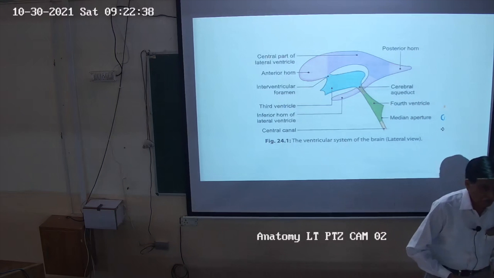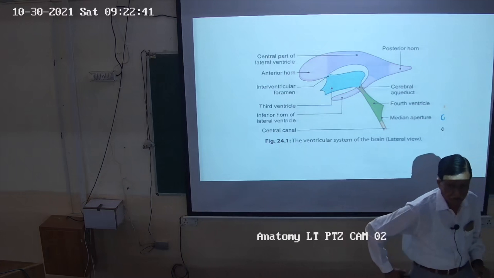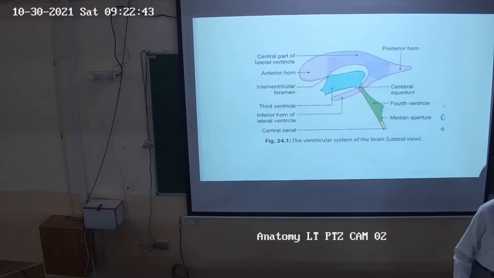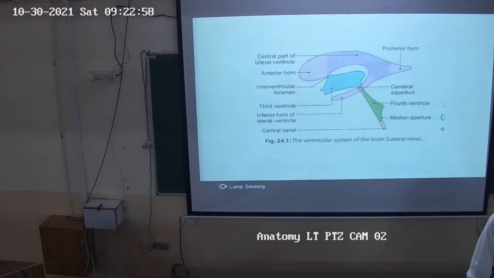As the body will be flexed, the lumbar vertebra will be more exposed. Afterwards, count the vertebrae, and between the L3 and L4 vertebrae, we push the needle and aspirate the CSF, and that CSF is sent for investigation. So that is the third function of the CSF.